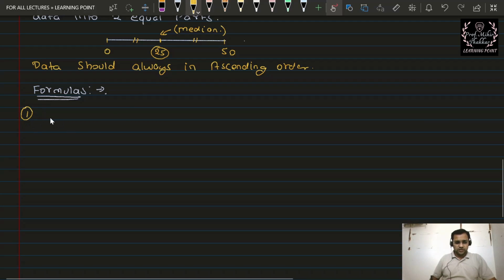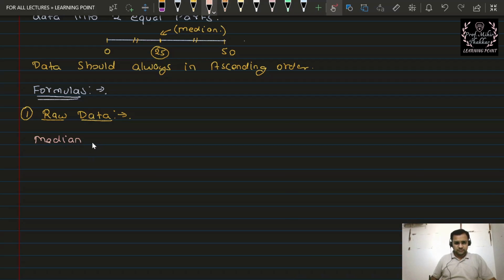The first one is for the raw data. Over here, I can say that median is given by n plus 1 upon 2th observation, where n, as you all know, is the number of observations.